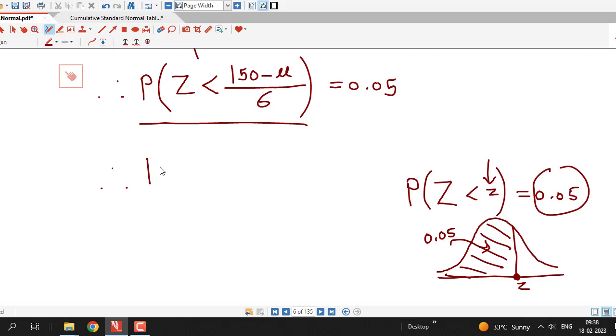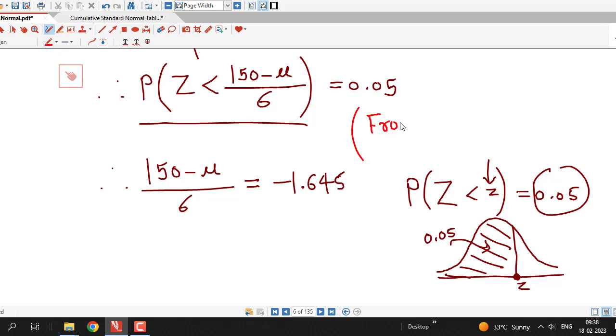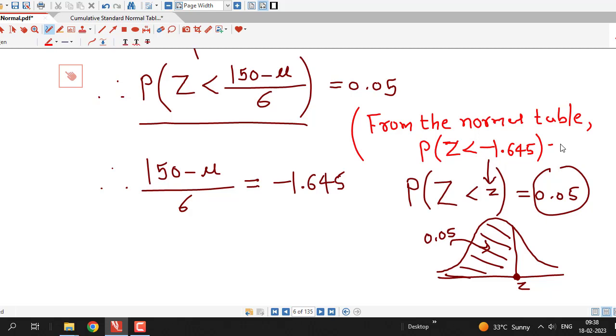Therefore 150 minus mu over sigma, which is standard deviation, equal to minus 1.645, and in the bracket we can mention that from the normal table we have used statistical table for normal distribution. We find that probability that capital Z is less than minus 1.645 is 0.05.